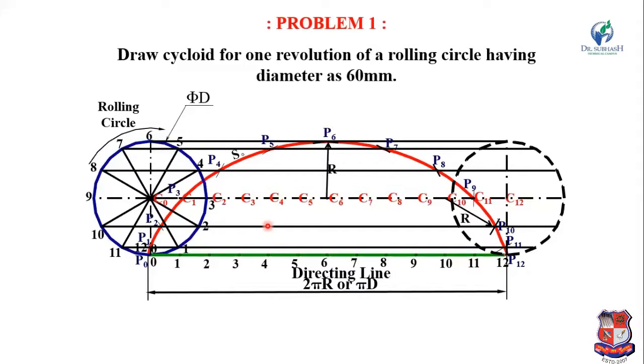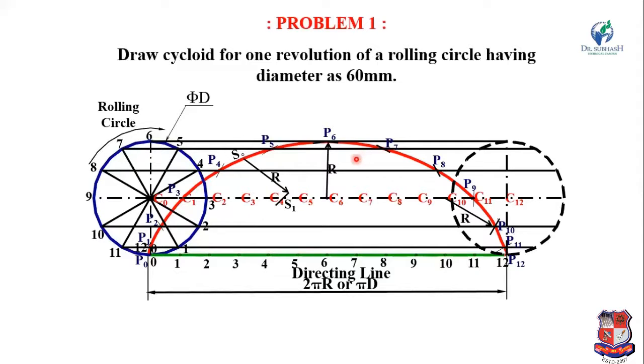Okay. Now if you want to draw the tangent and normal at this point S on this curve, then first of all, with S as a center and radius equal to the radius of the rolling circle, draw an arc which will intersect the center line at point S1.